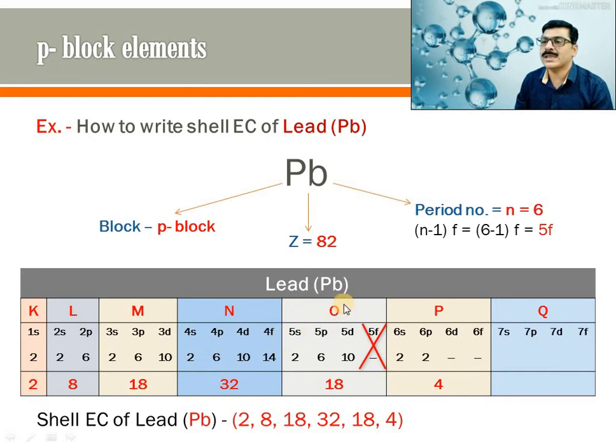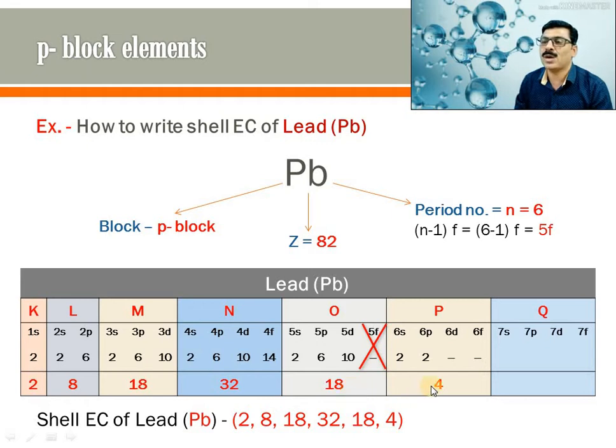Then the O shell contains 5s, 5p, 5d and 5f, but here you have to ignore the 5f orbital. So the capacity of the O shell is 2, 6 and 10, meaning 18 electrons. So the total electrons are 2 plus 8, 10, plus 18, 28, then 32 plus 18, which is equal to 78.